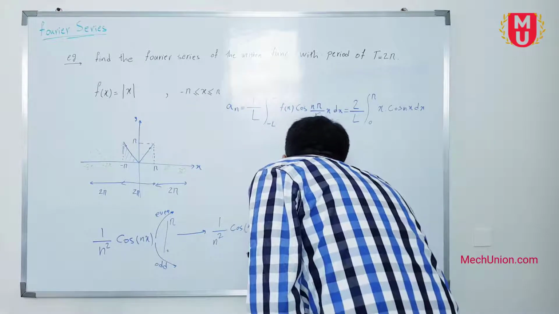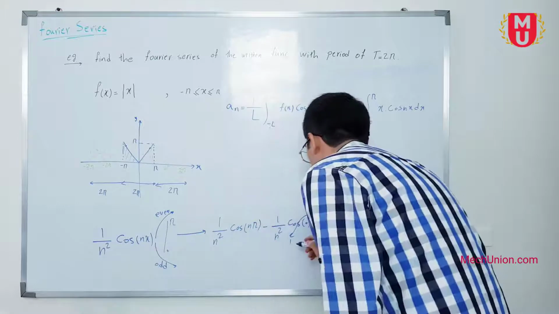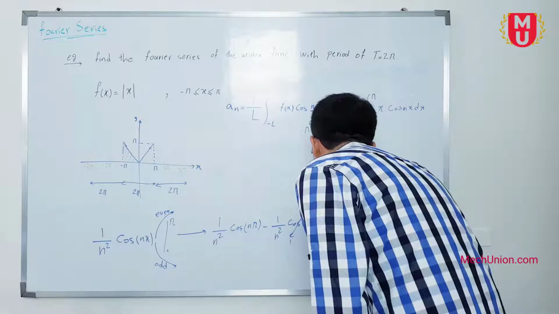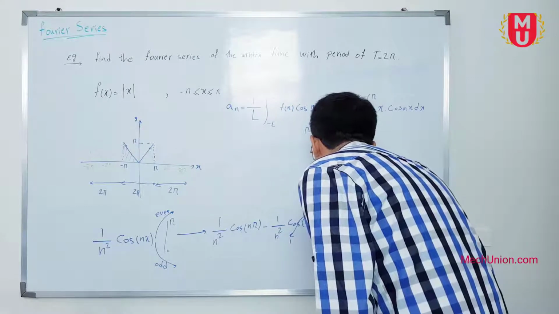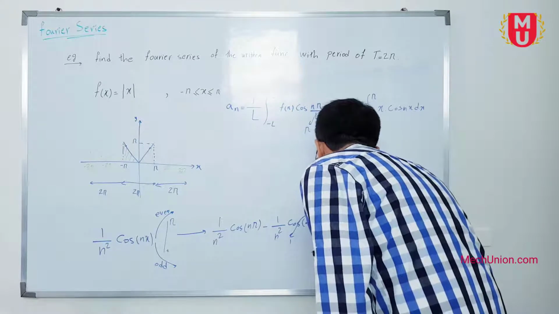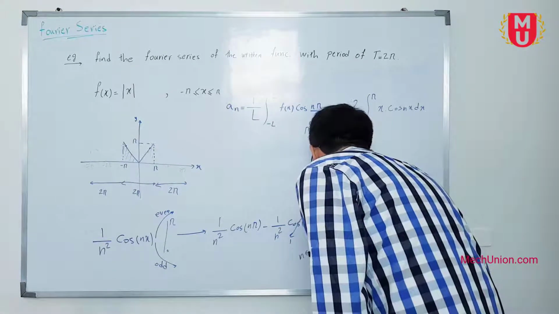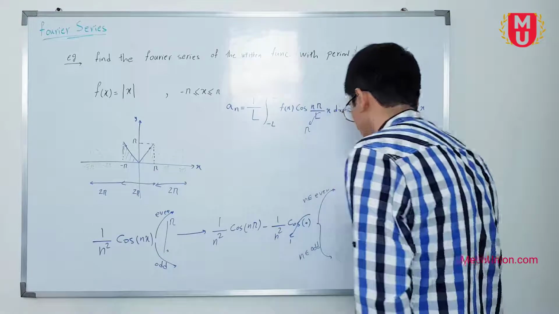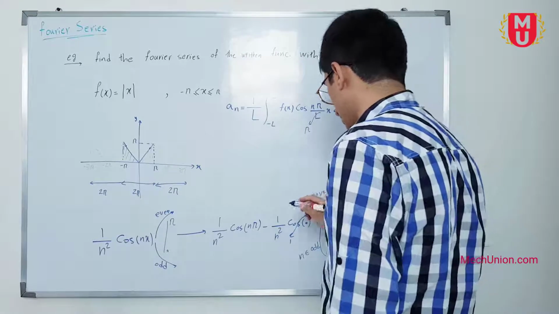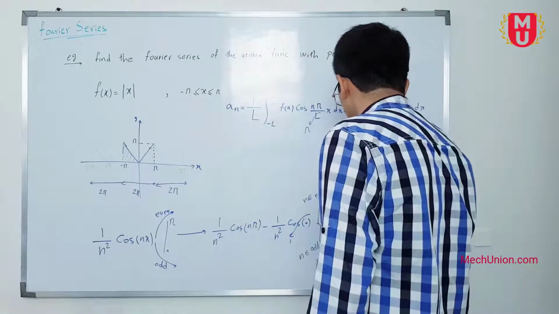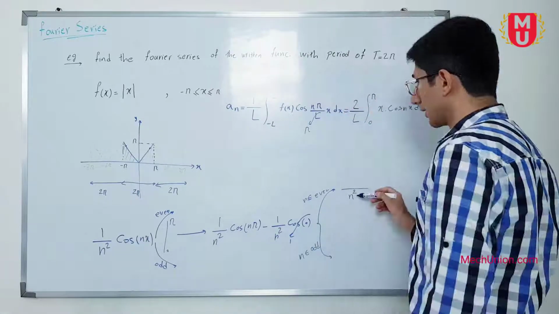Cosine 0 equals 1, and we have to consider whether n is an even number or an odd number. We'll have n² in the denominator.